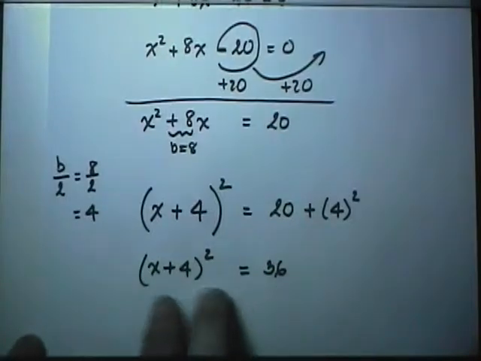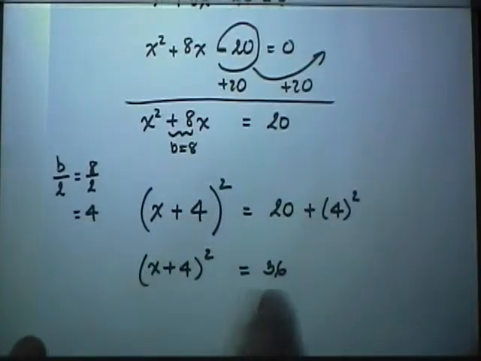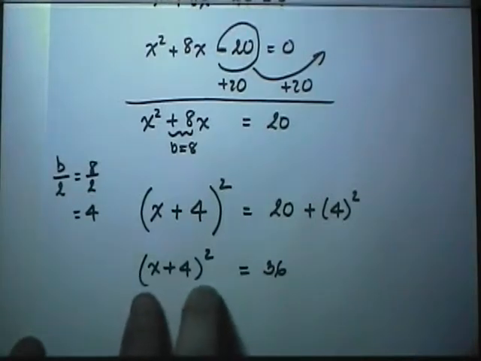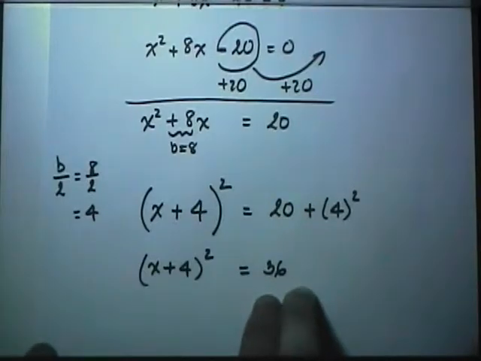So now I have turned that into an equation of the form where I can use the square root property, because I have a perfect square on the left side and a number on the right side.